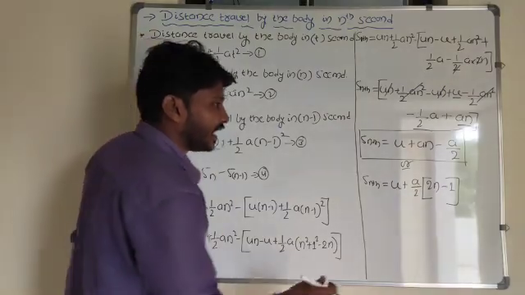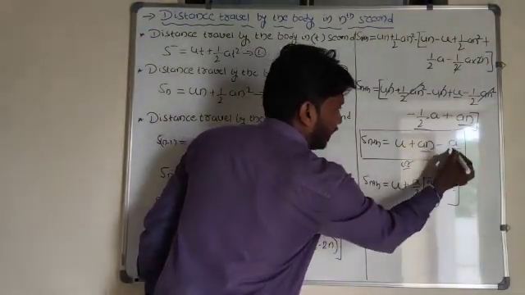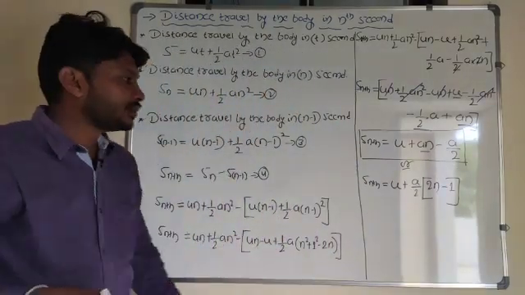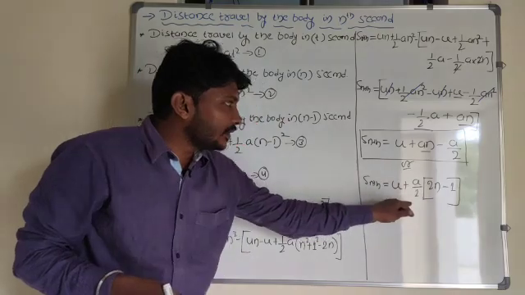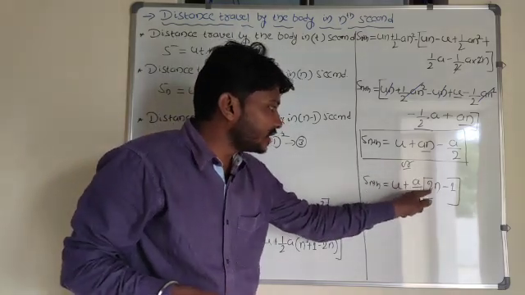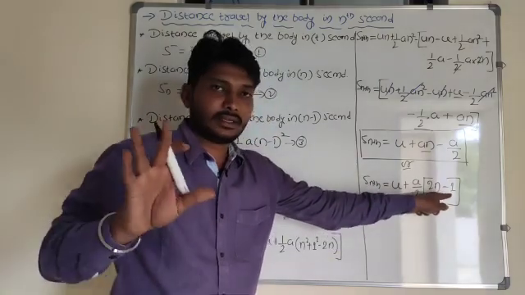So I will make it clear here. Look here, in this equation plus an minus a by 2, I will take that a by 2 as common. If I take a by 2 as common, what should I write here? 2n here, and a by 2 taken as common leaves 1 here.